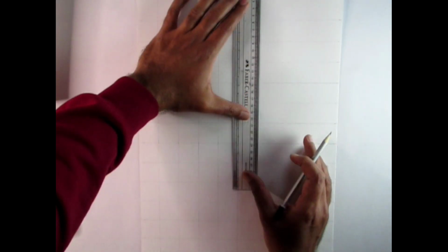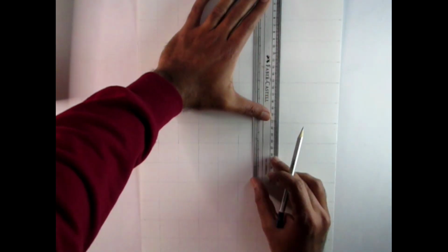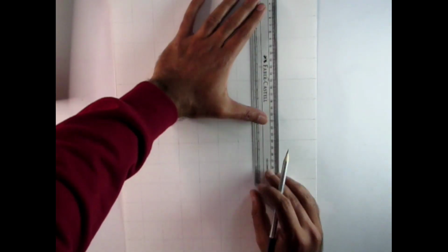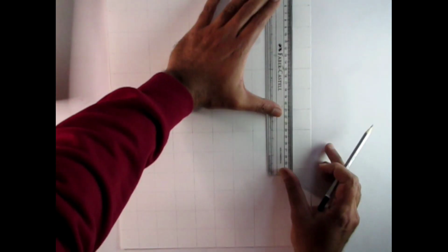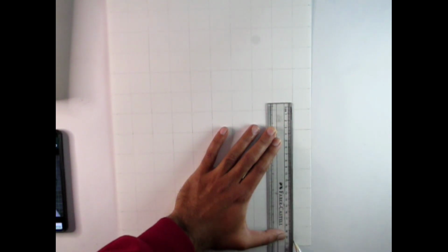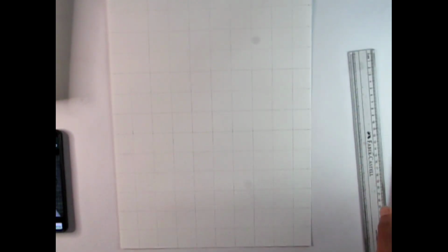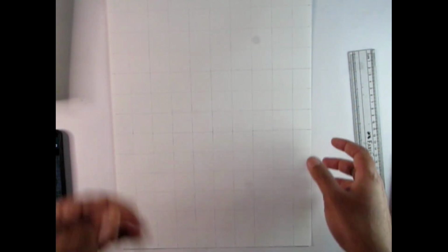It is almost ready, 3 centimeter grids. Yes, so I just finished. The grids are completed. I just drew 3 centimeter grids.